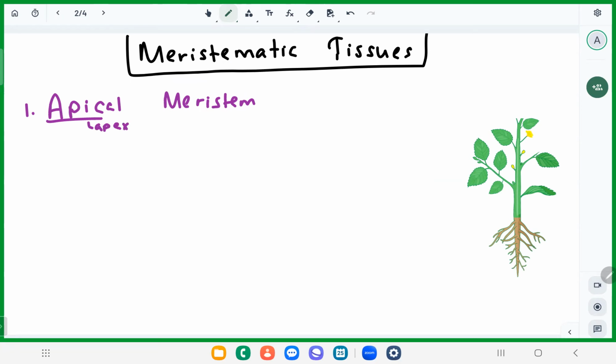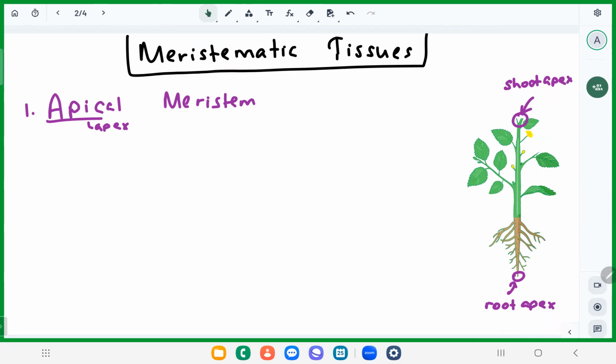The apical meristem is found right at the top of the plant, the tip of the plant up here, which is called the shoot apex. And it is also found right here at the bottom apex of the plant, which is called the root apex. That's why it's called the apical meristem, because it's located at the shoot apex and the root apex.